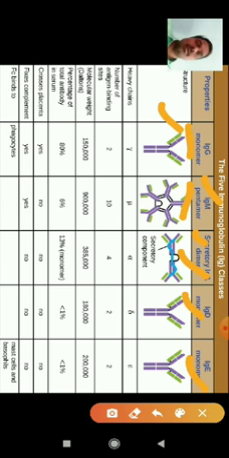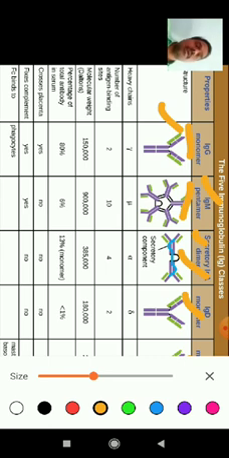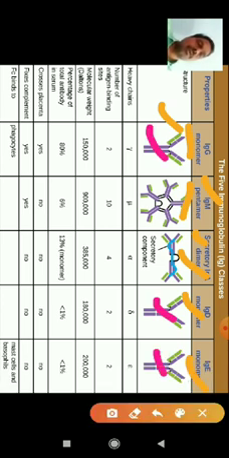How are the types of antibodies differentiated? They contain different numbers of amino acids in their heavy chains. Suppose these blue colors are the heavy chain in the structure of the antibody.